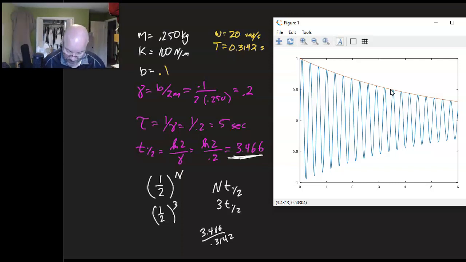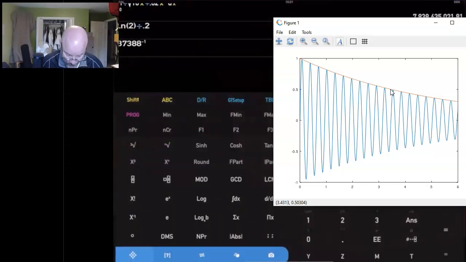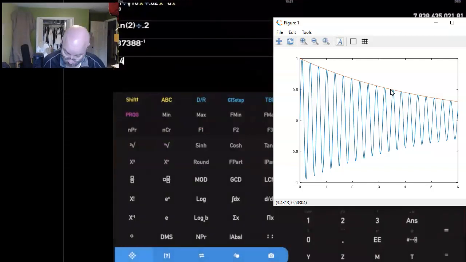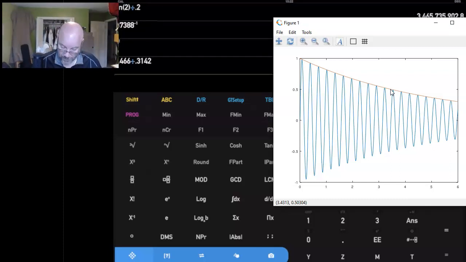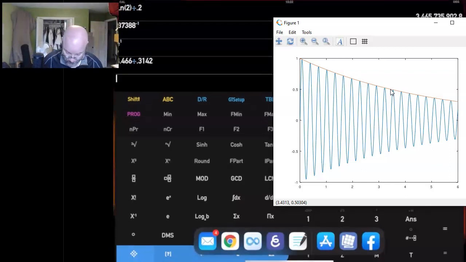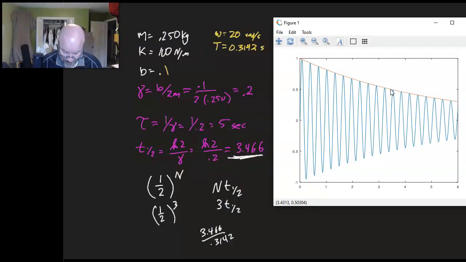Okay, flip over to my calculator. I got 3.466 divided by 0.3142. Boy, that's kind of weird, that's 1/10 of pi, isn't it? But it's just random. Okay, and we get 11, so I'll write that down. Flip back here. So that worked out to be 11.